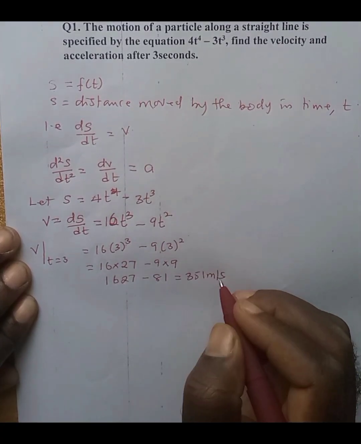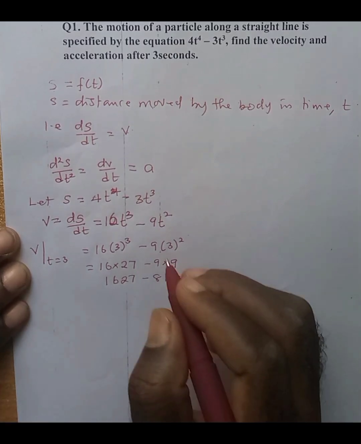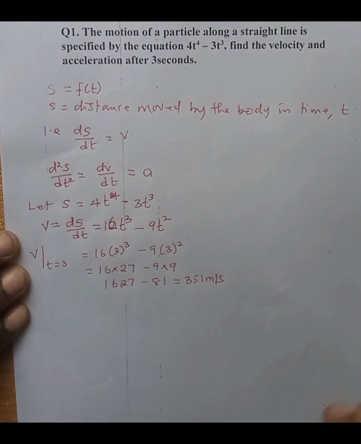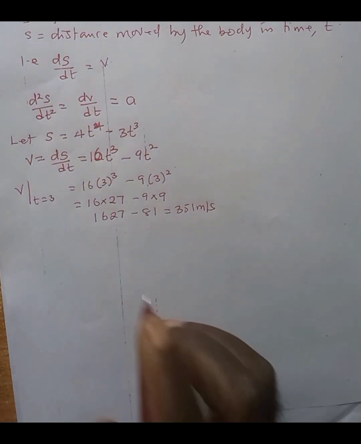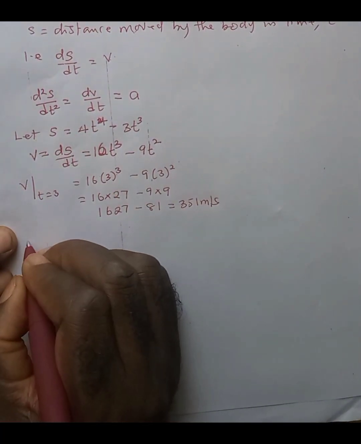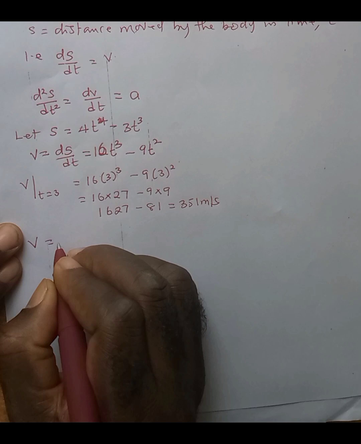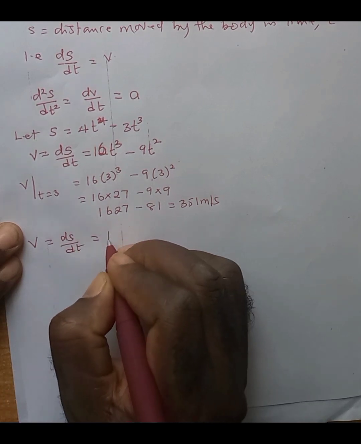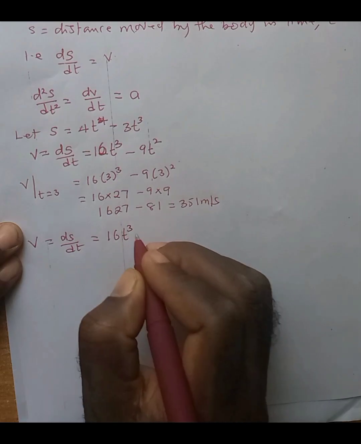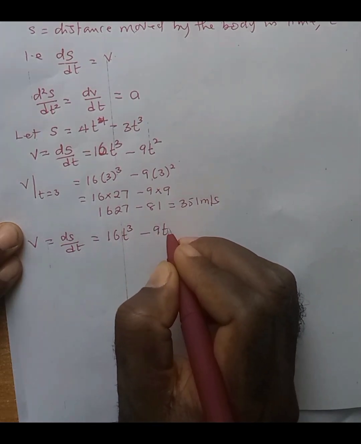Then to get the acceleration, what we have to do here is further differentiate this velocity function. Velocity v, which is equal to ds/dt, is equal to 16t raised to power 3 minus 9t raised to power 2.